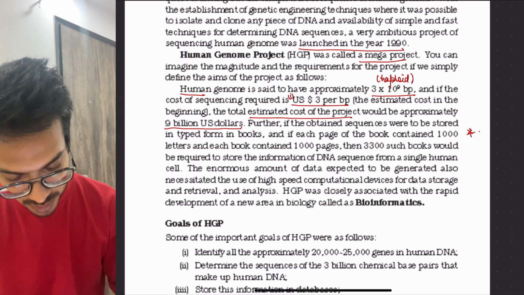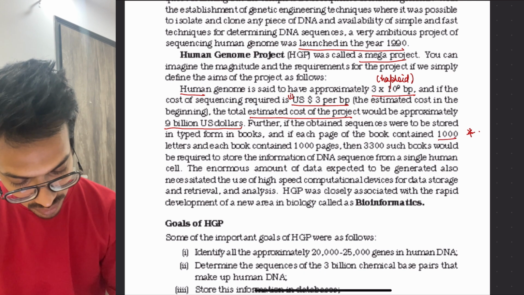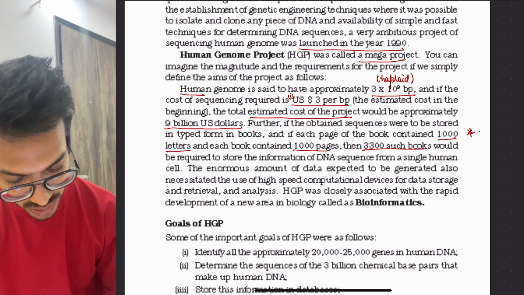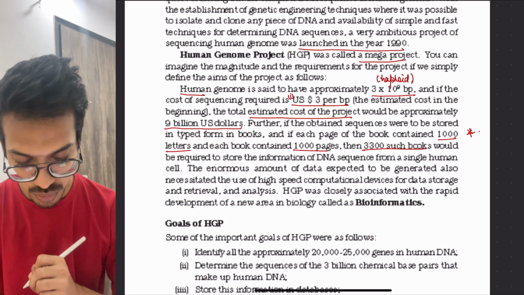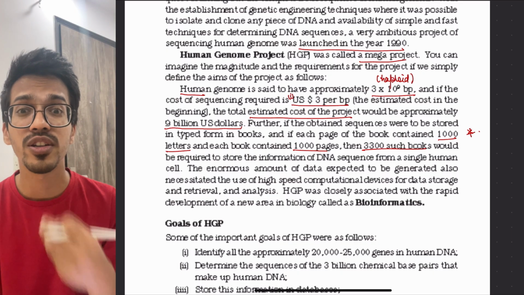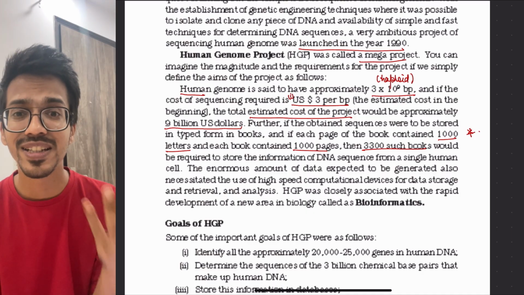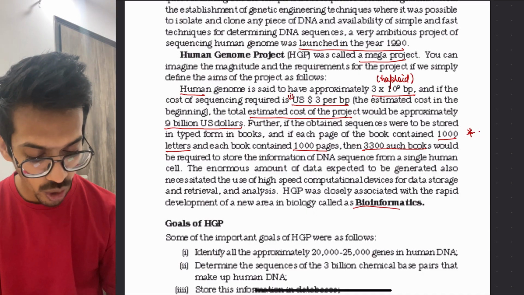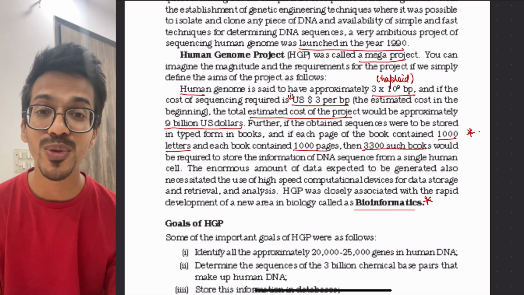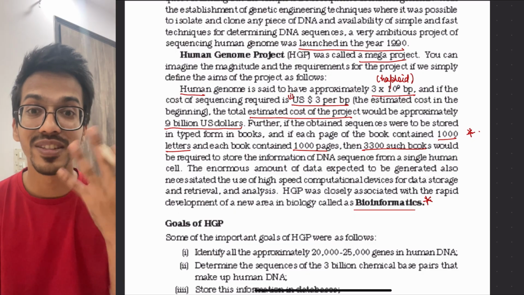That is another pointer. To comprehend this much information, we needed new branches of study to store the information, and there came the birth of bioinformatics, because of how to store information of this scale.